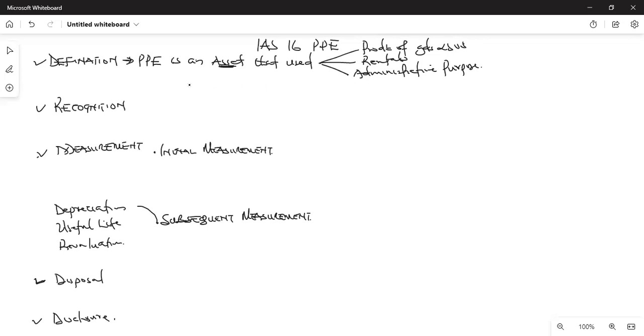All right, and it says that it usually can be used for a period of over 12 months.